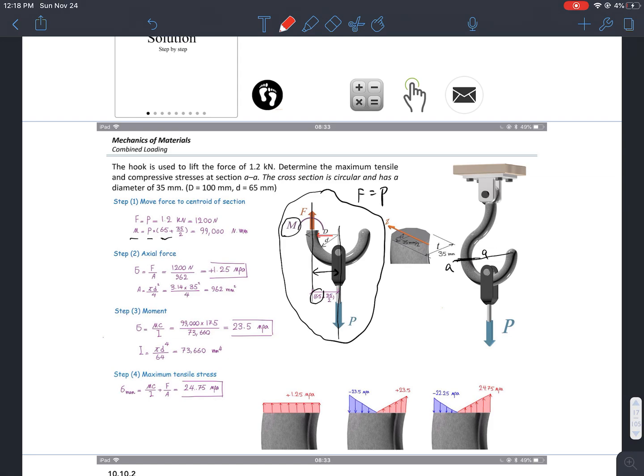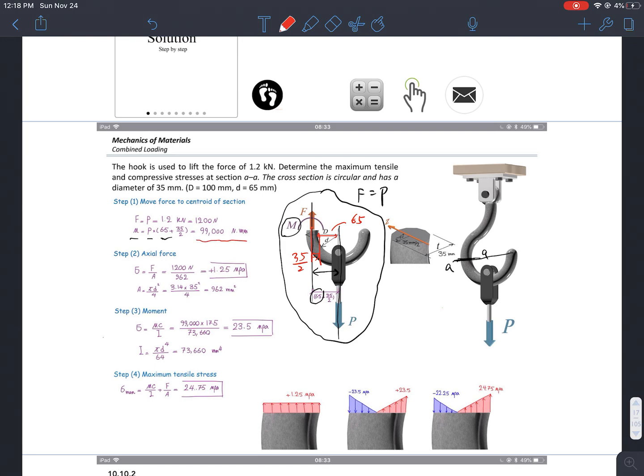Let me label it. Distance right here is the small d, which is 65. And this half here is the gap between the outside and inside here. So this is 35 divided by 2. So that is the distance.